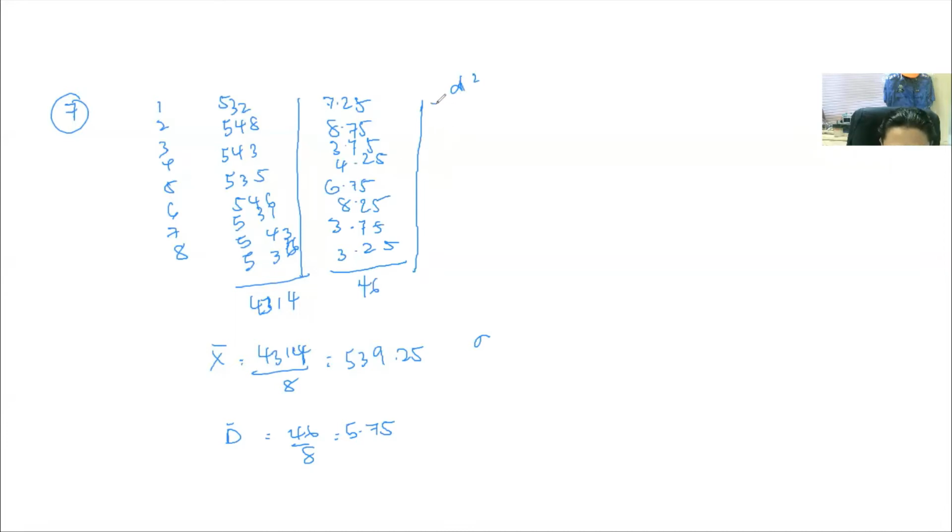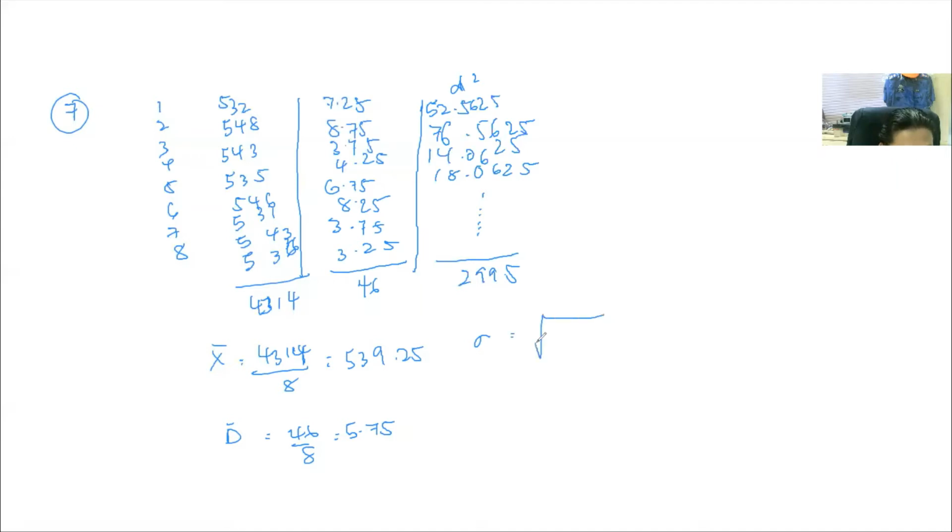You can use your calculator to get the power of 2: 7.25 squared is 52.5625, then 14.0625, and 18.0625, and so on. So on the total, you get 9.5.